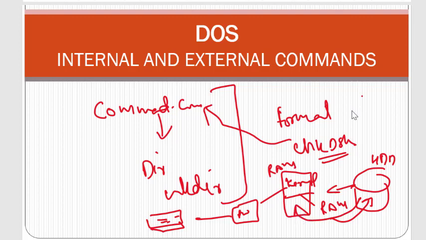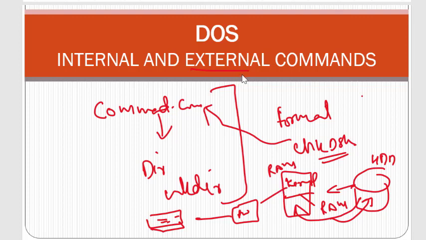Those commands are called external commands. Internal commands are those commands which come at boot time automatically into the kernel, inside the RAM, ready to be executed without loading anything further.